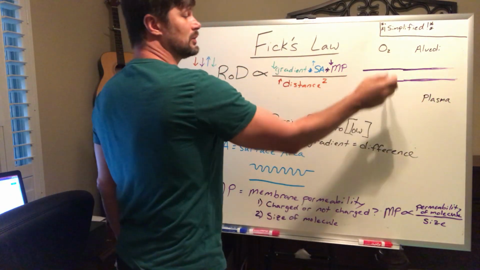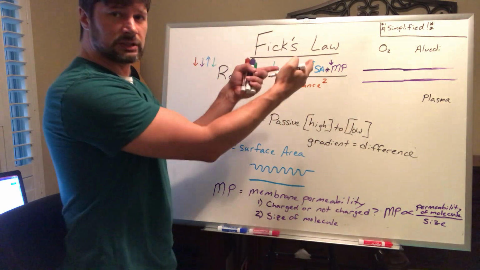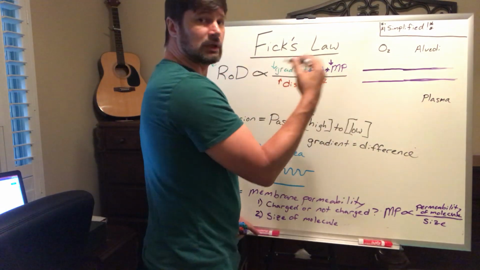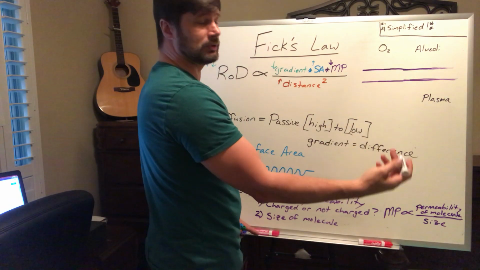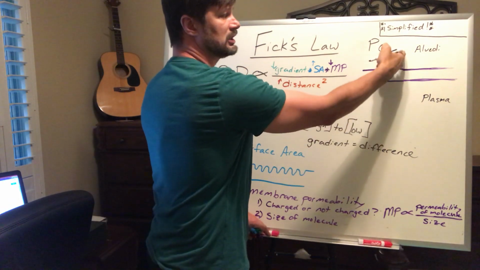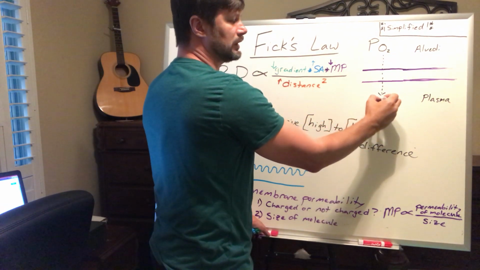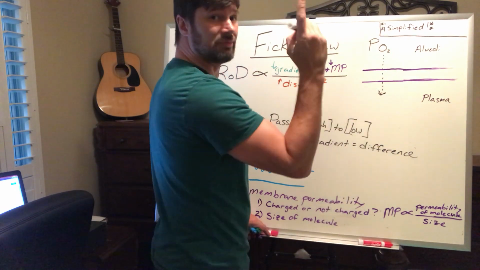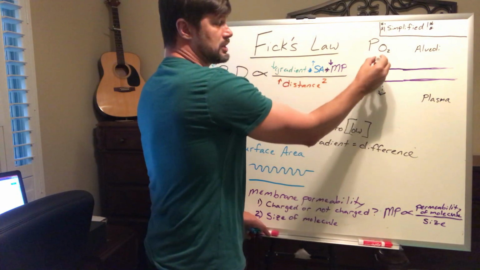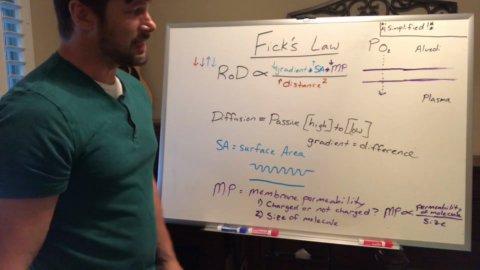And if oxygen wants to get into the plasma, what variables affect how oxygen is being transported? Well, the first variable must be the concentration gradient. It's actually the partial pressure gradient. If I want oxygen to move down into the plasma, then the partial pressure of oxygen must be higher in the alveoli than in the plasma.